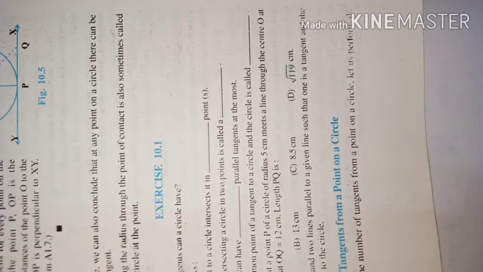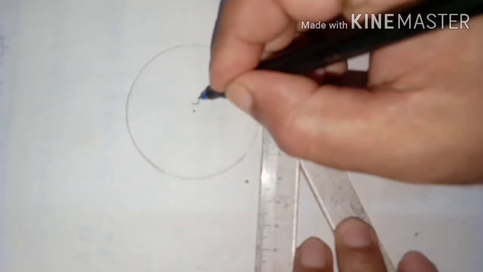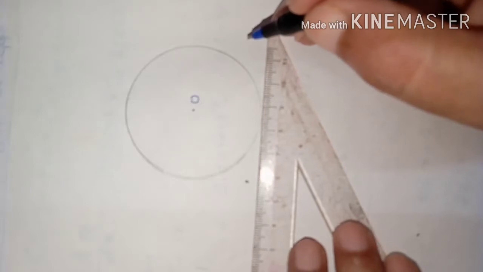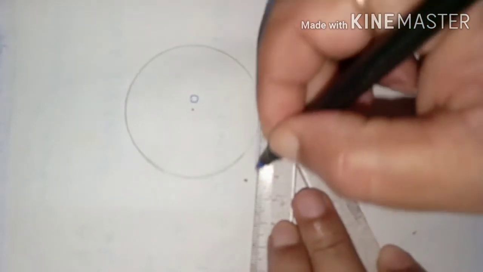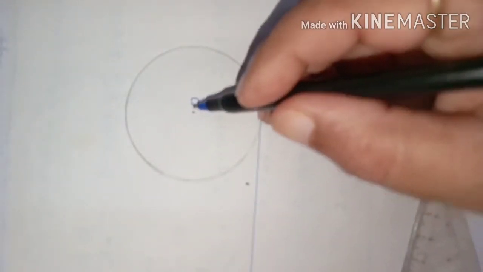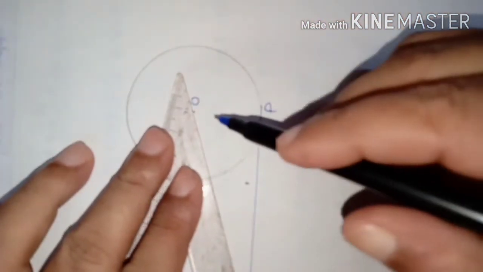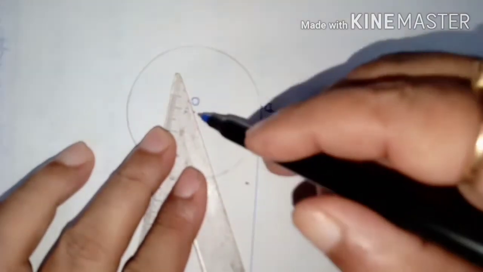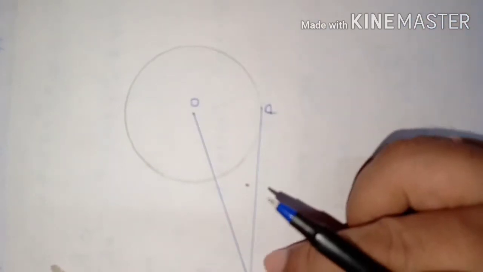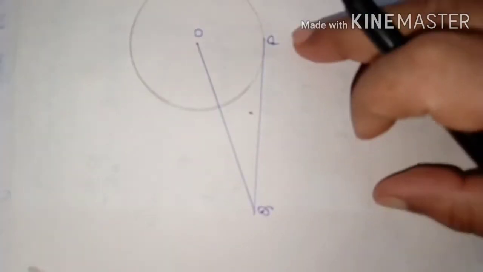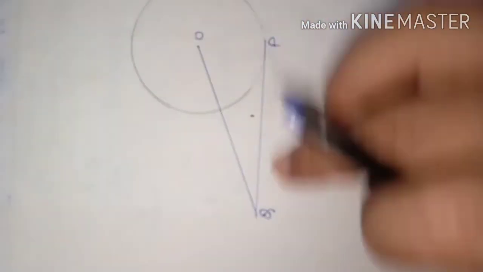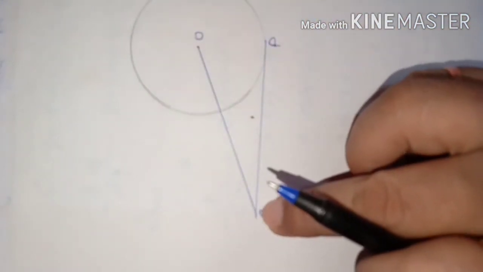So the situation is like this. Center of the circle is O and a tangent at P. We draw a tangent at this point P. This is tangent at P. And through the center O, there is a line which meets this tangent at a point Q. That means this point is Q. PQ is tangent at point P, and this line is passing through the center and it meets this tangent at Q. This is the situation.